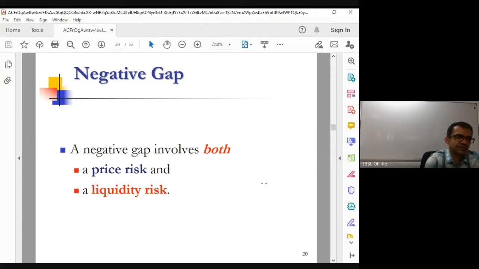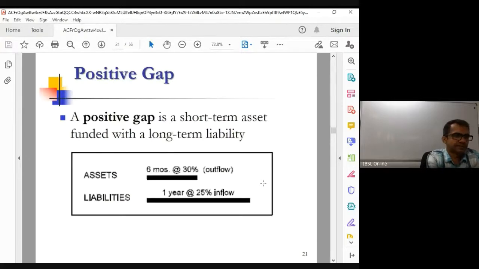So considering all those things, you have to create a gap report and see what the gap is. And if there's any negative gap, you should identify and assess whether this gap is something that we can manage or it's beyond our control. Then you have to take some actions to bring that gap to a manageable level.